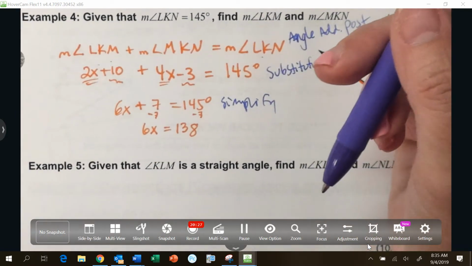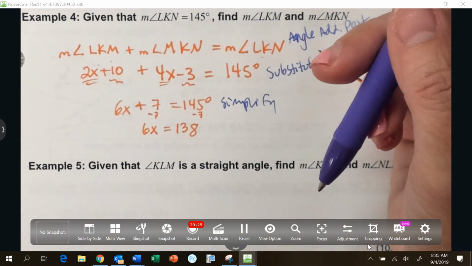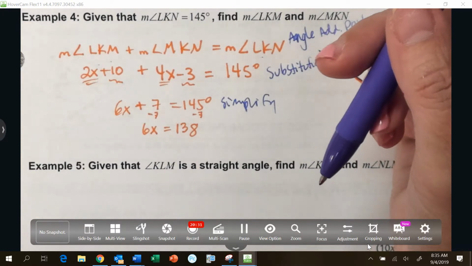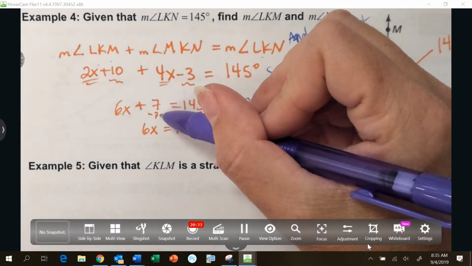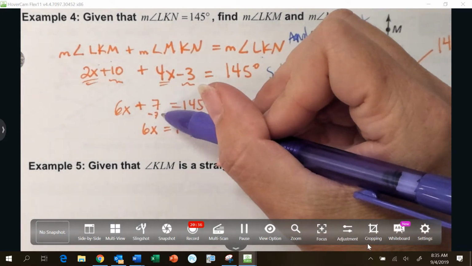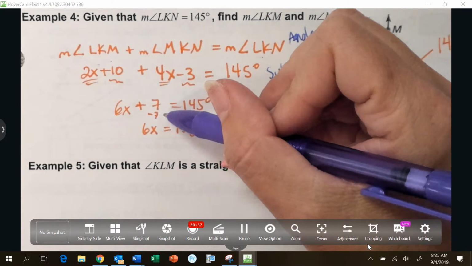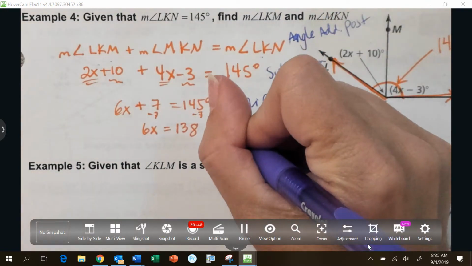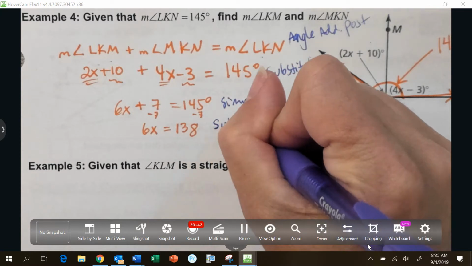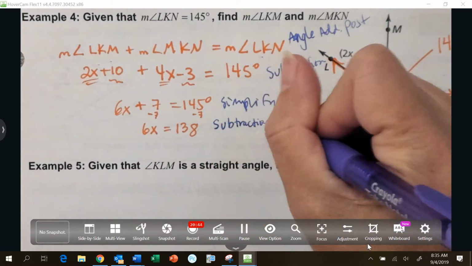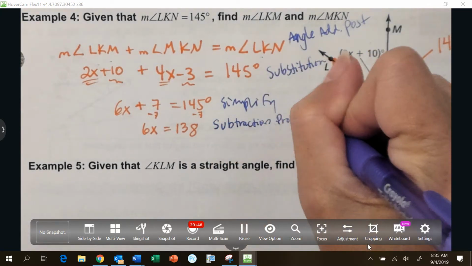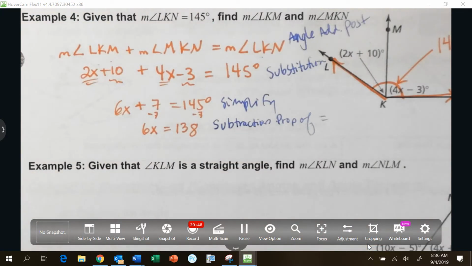Emily, you remember? No, we're not substituting. What are we doing right here? Subtraction property of equality. Yep. Subtraction property of equality.